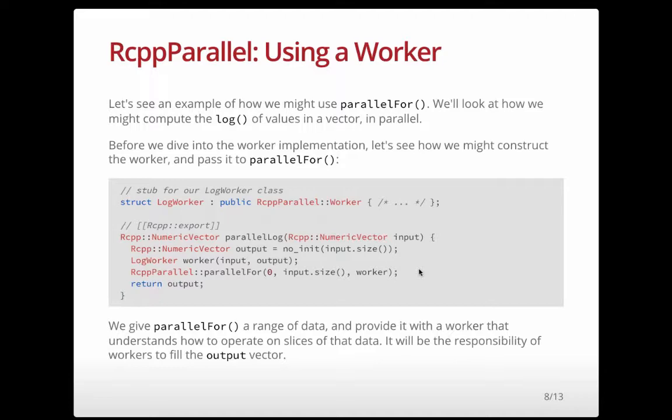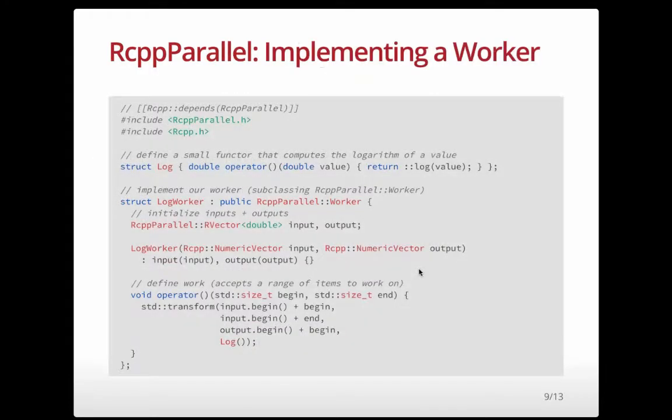Okay, so let's see how we might implement that log worker. So this is actually the whole implementation of how you might implement the log worker here. So first, this is a little header that says, I'll show you in the IDE soon, that says, oh, this code snippet depends on RcppParallel.